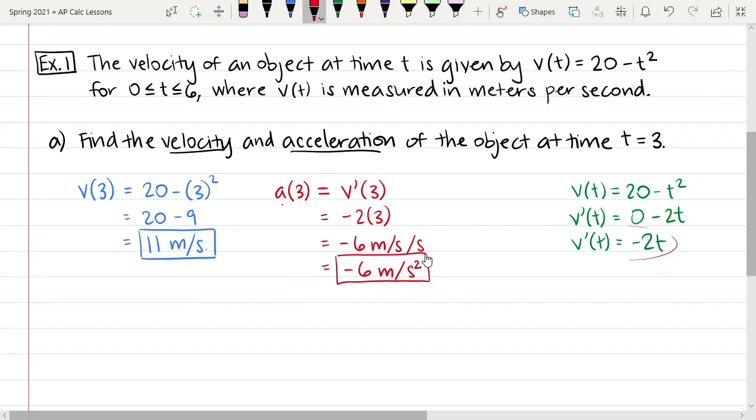You do want to make sure that you're familiar with how to do correct units for position, velocity, and acceleration. Okay, so that's the velocity and the acceleration of this object at time t equals 3.